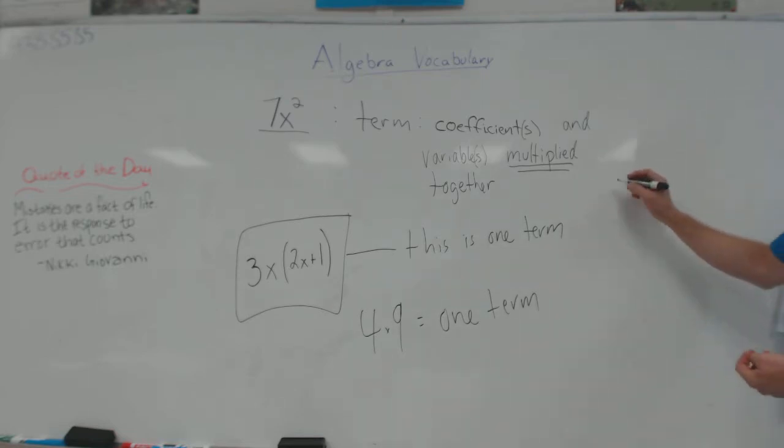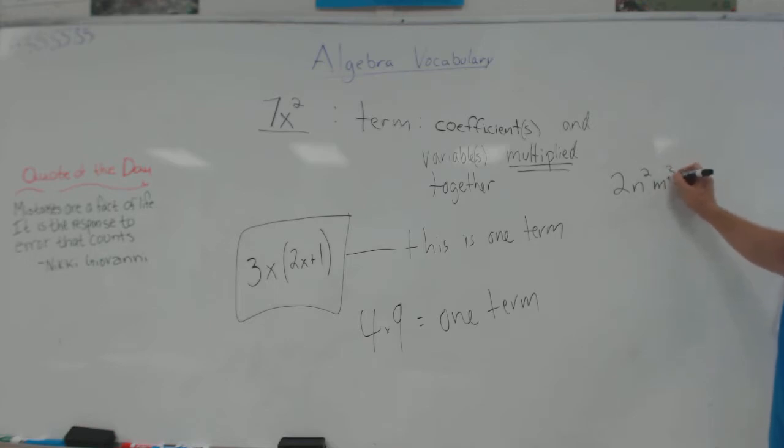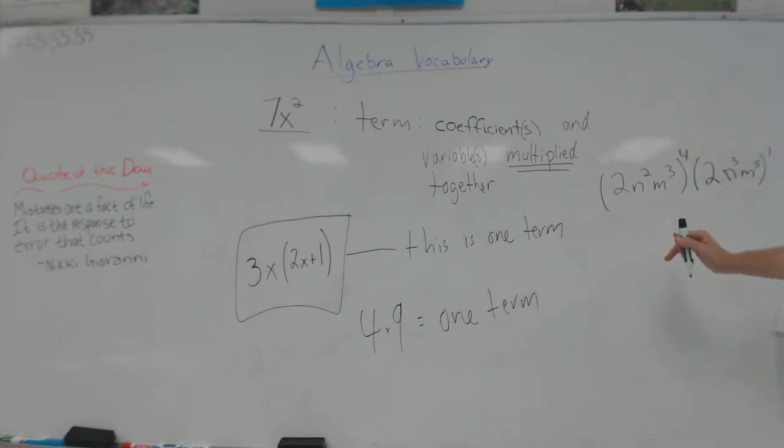If you look at that problem we were just doing from the homework, something like this, this is all one term, right? This entire thing is one term, because all we're doing is multiplying. Exponents are multiplication, right? This is saying multiply this 4 times. So this whole thing is one term.